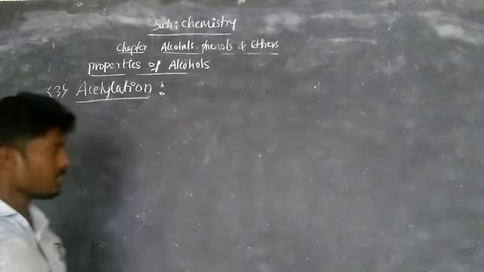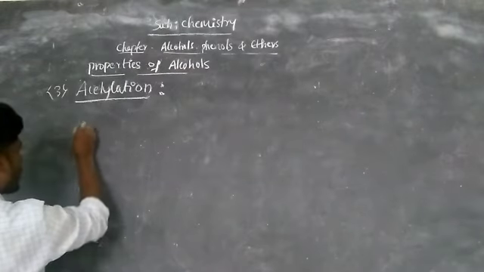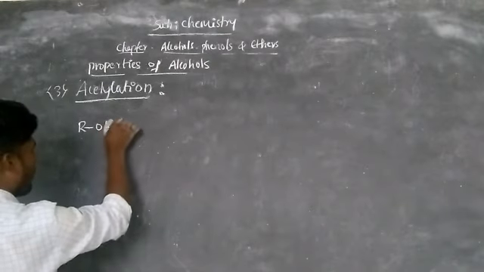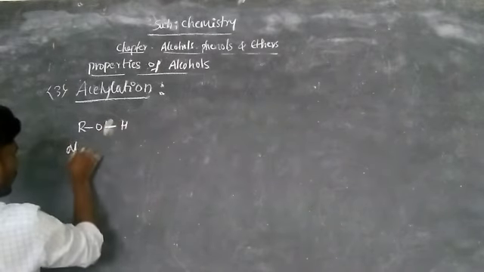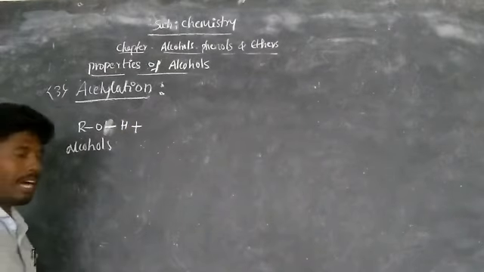For example, see the chemical reaction. Alcohol is R bond OH. This alcohol is treated with acid chloride.